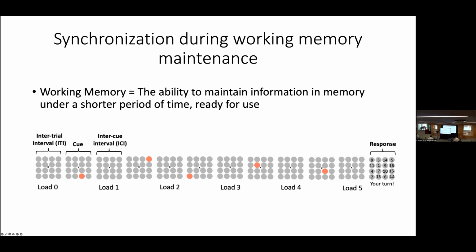And then we get the representation of what the memory is like for load 0, load 1, load 2, load 3, load 4, or 5. Yeah, this is just what the test looks like. And then you fill in, and it's very, very straightforward.